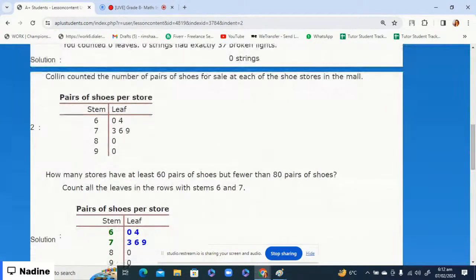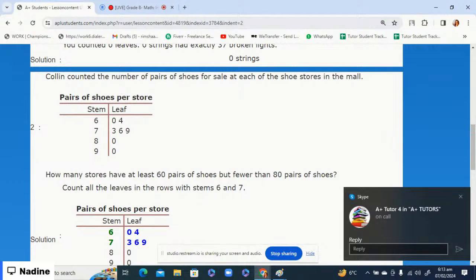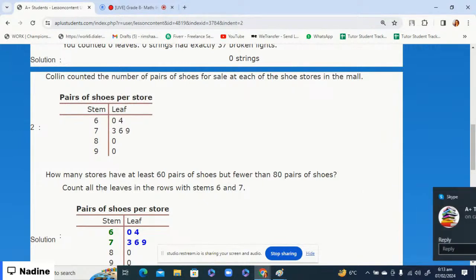Colin counted the number of pairs of shoes for sale at each of the shoe stores in the mall. Pairs of shoes per store are given as stems and leaves. How many stores have at least 60 pairs of shoes but fewer than 80 pairs? So we are finding all the 6s and all the 7s. Count all 6 and all 7.